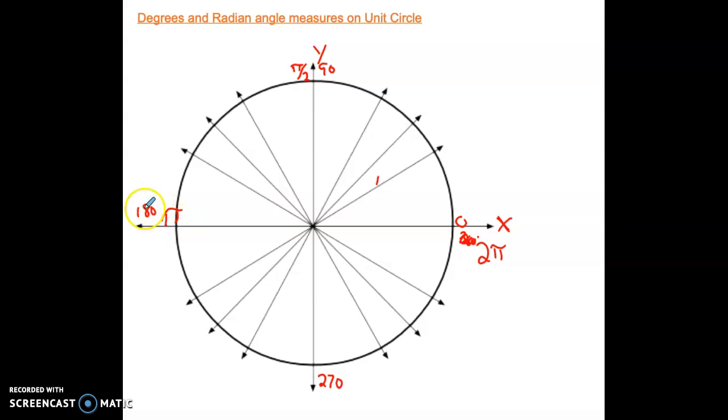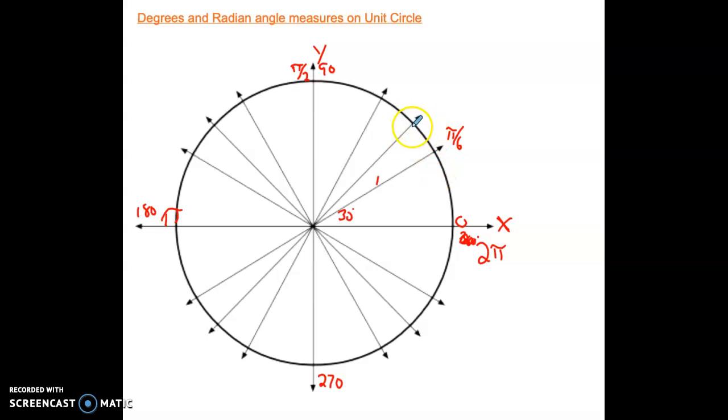So we take pi, which is the same as 180 as far as the amount of rotation, and divide by 6, you get 30 degrees. So pi over 6 is right here. That's a 30 degree angle of rotation.